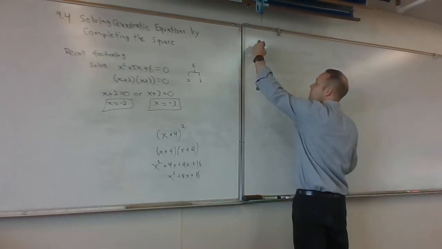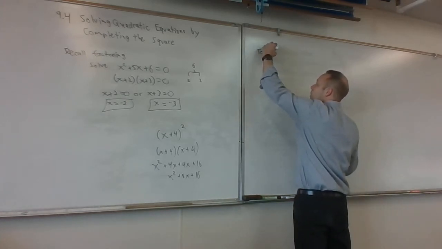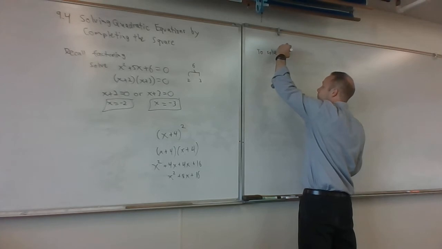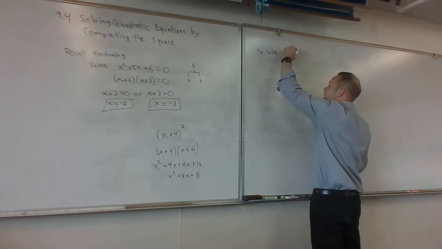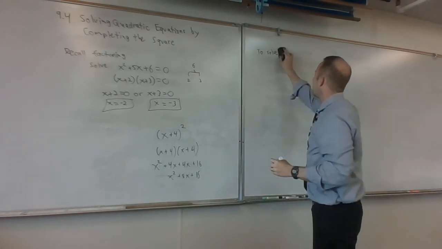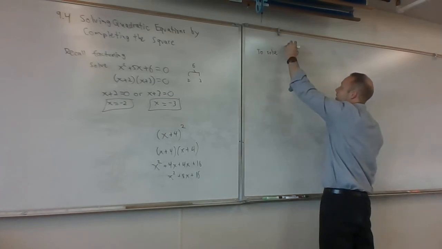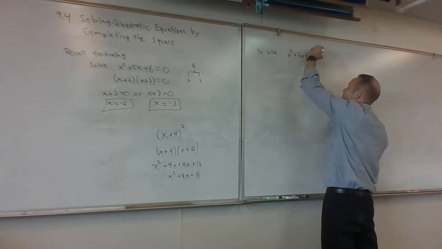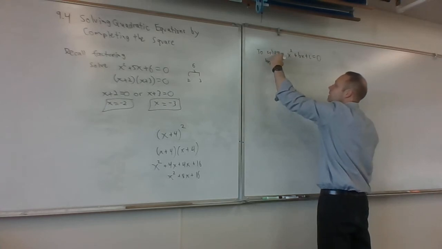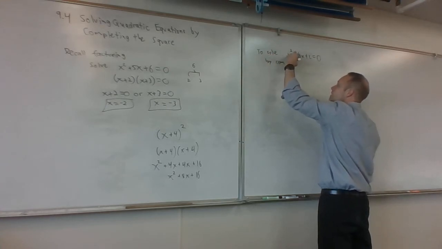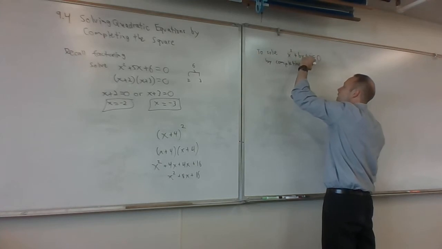So let's just say to solve x squared plus bx plus c equals 0 by completing the square.